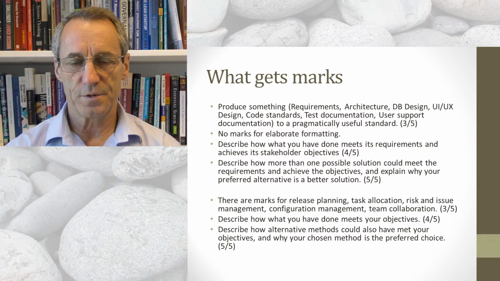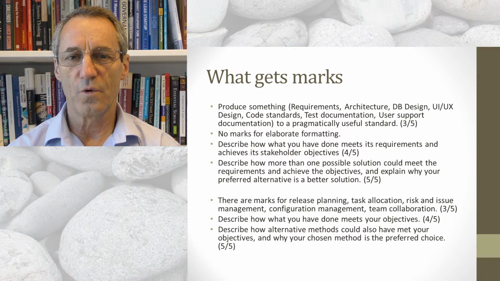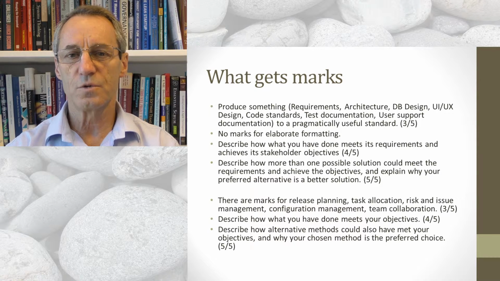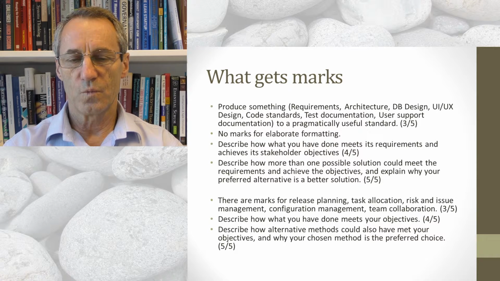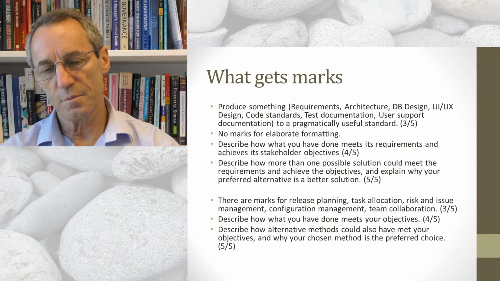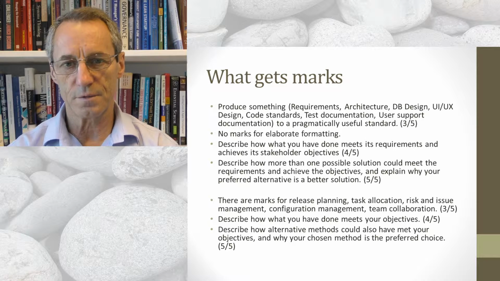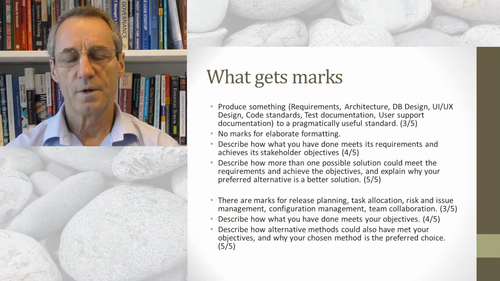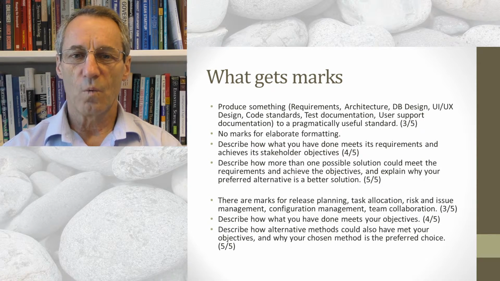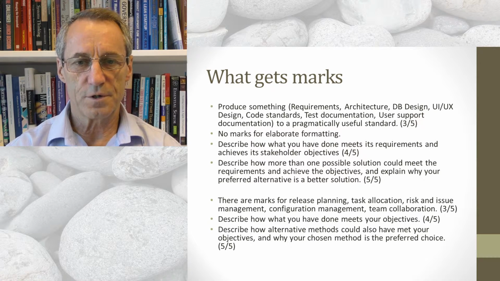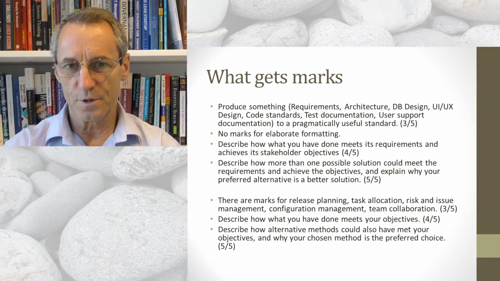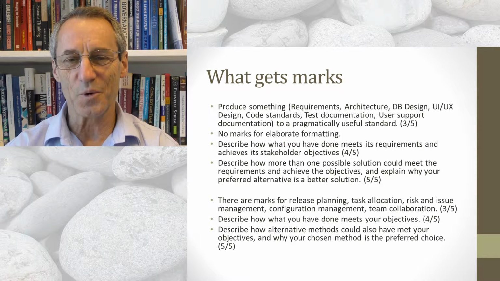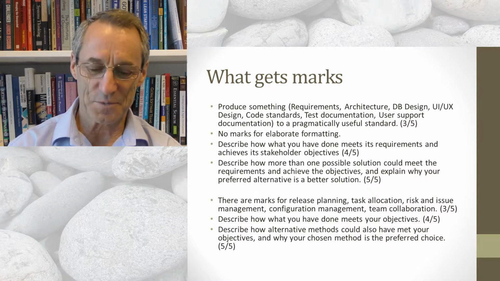So there's several different ways of doing it. Now, for high distinction, you'd have to pick 2 or 3 of these and describe to me how that records all of the functionality and how that meets all the objectives of the stakeholders, for 2 or 3 of them. Then you have to say why the alternative you've chosen works best, and to show that it does. It scores more on all the criteria. That is work of high distinction.